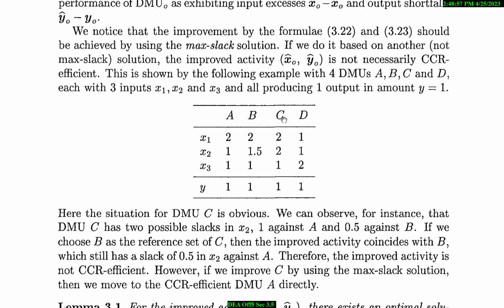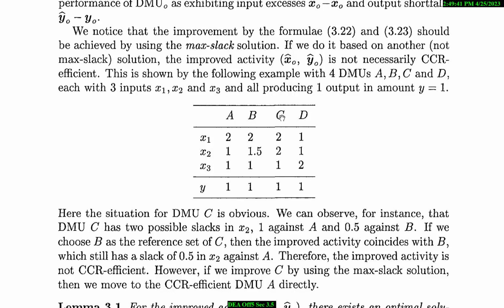The situation for DMUC is obvious. Note that this DMU has two possible slacks in the second input x2: one against A and 0.5 against B.